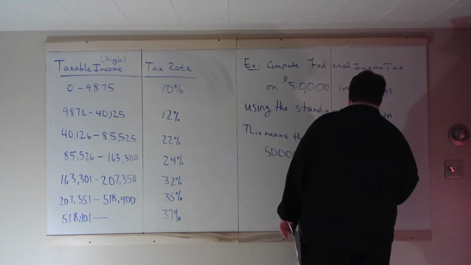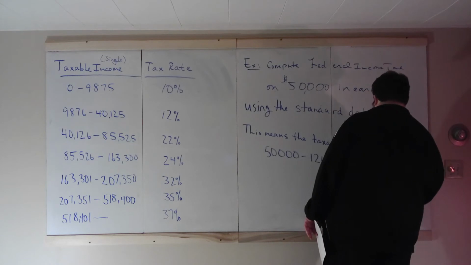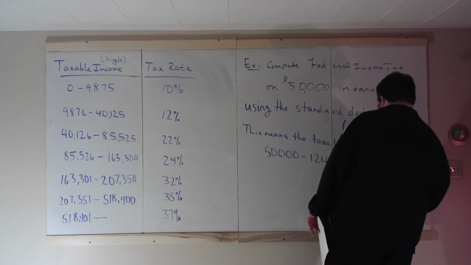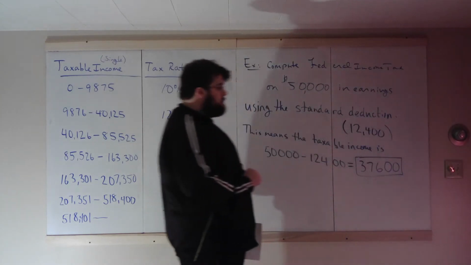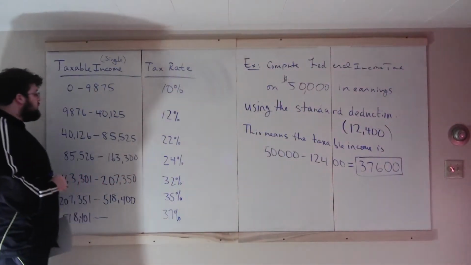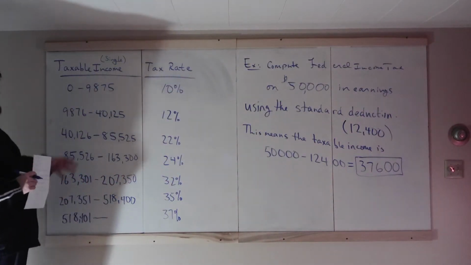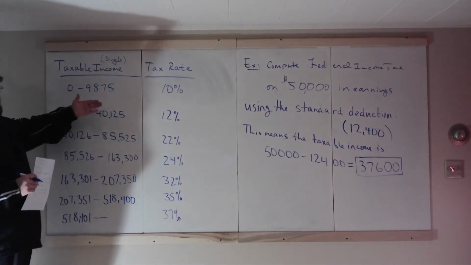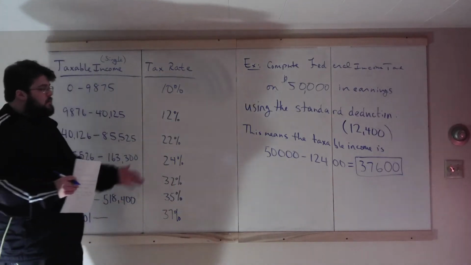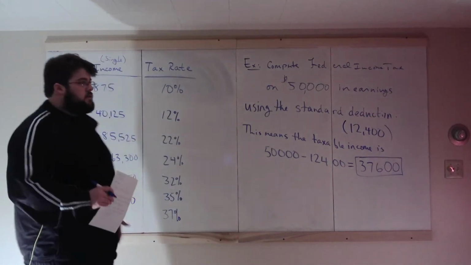So that means our taxable income is $37,600. Notice that number would put you in the second bracket. So right now our taxable income is down to $37,600.